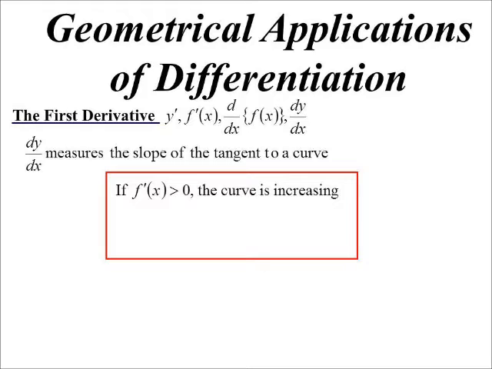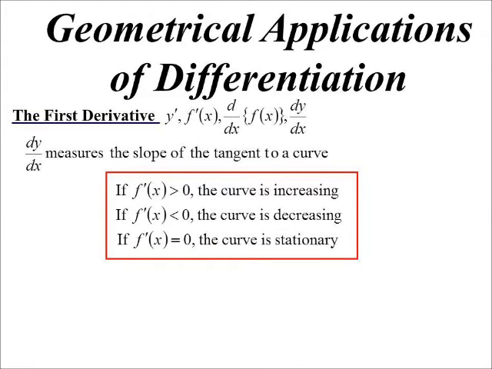And if you think of a line that's positive, it means the curve must be rising. So that's a way of telling when the curve is going up or the curve is going down. We can just look at the first derivative to work that out. That therefore means if it equals 0, it's not going up, it's not going down, it's what we call stationary.